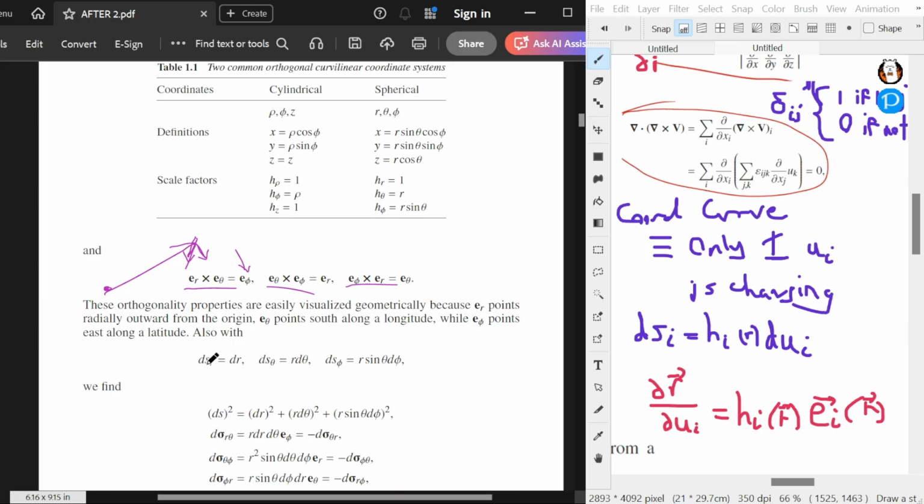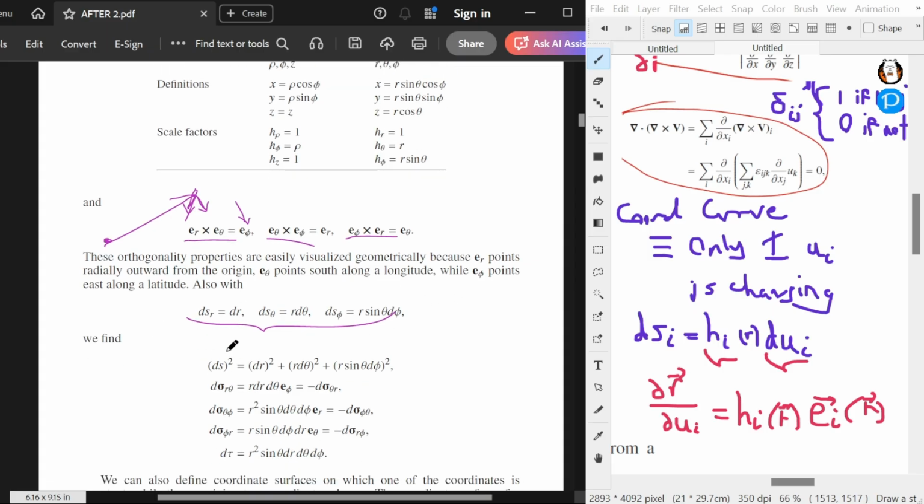Also with dsr equal dr. Okay, well, what's ds? ds is the length of the thing multiplied by dy. Yeah, so dsr is dr. I agree with this.